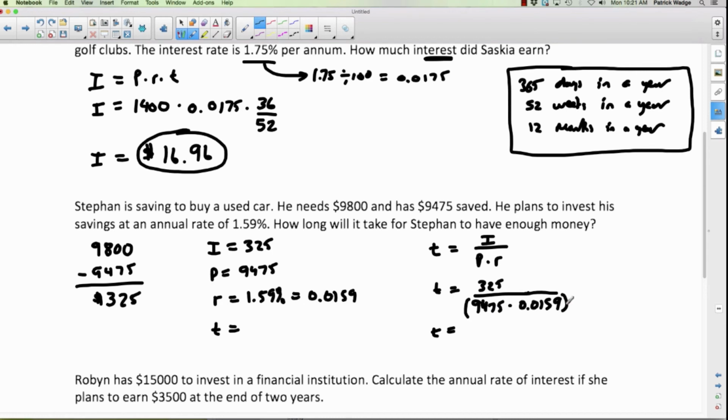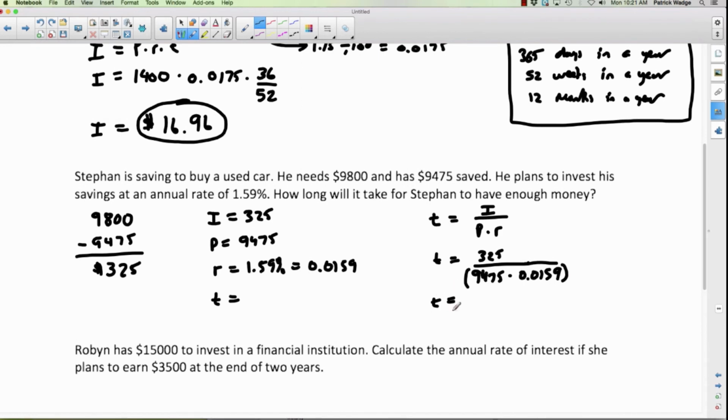So please put brackets in this bottom part or you're probably going to get it wrong. So I'm going to go 325 divided by bracket 9475 times 0.0159, close the bracket, and then hit equals. And I get 2.157. I'll round that to 2.16. 2.16 what? Well, it's T, which is time, and remember, time's always in years.